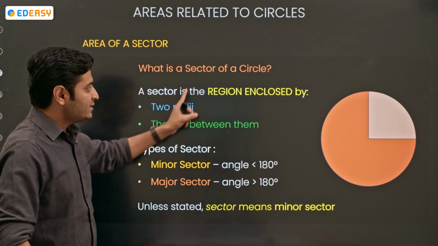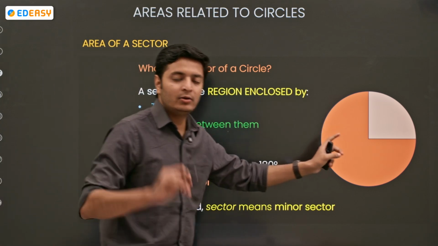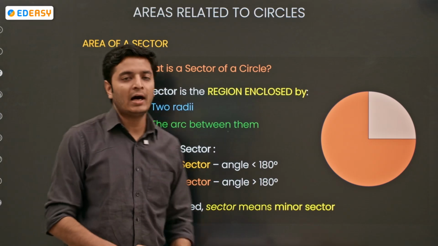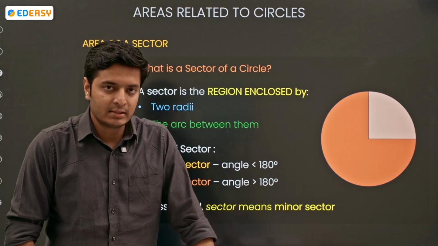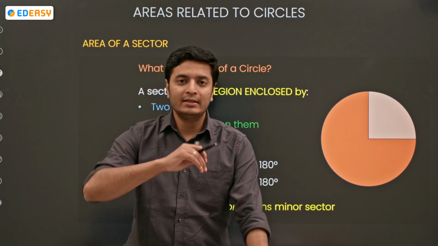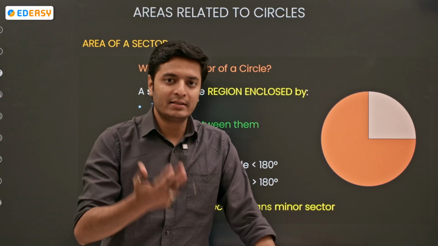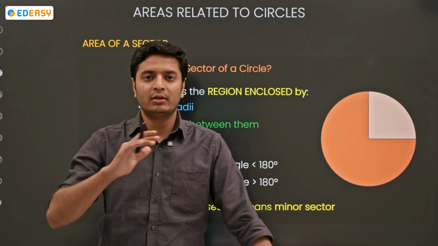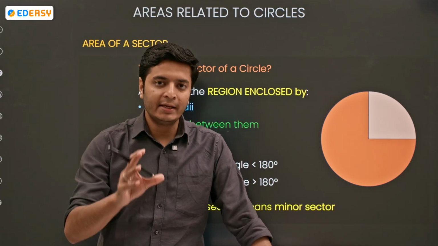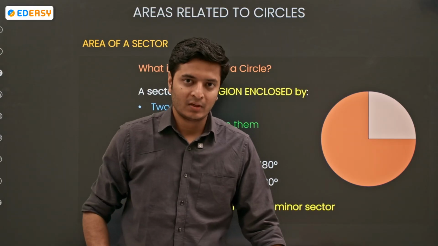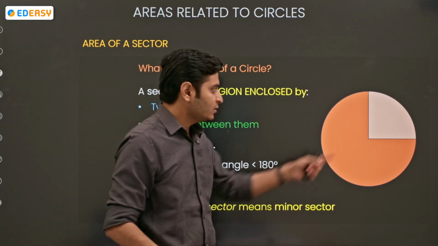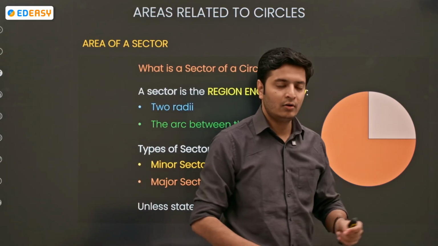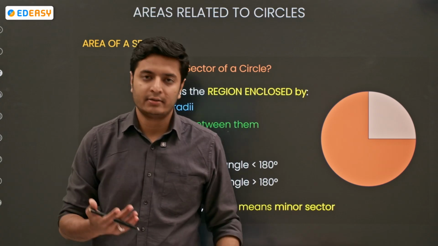A sector is the region enclosed by two radii and the arc between them. That is a sector. As I told you, sector is a Latin word which roughly translates to a slice or a portion of something, correct? So this is looking like a slice of this circle. So that's why it's a sector.